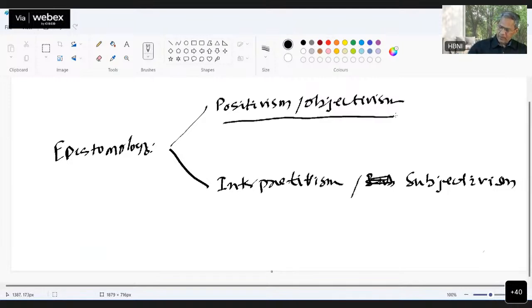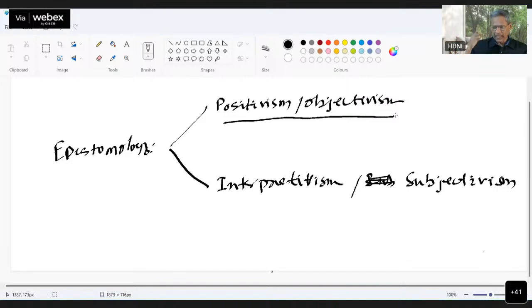Whereas in the case of interpretivism, our observations of the world are influenced by our conceptual baggage. Suppose I am studying some social science behavior of people.